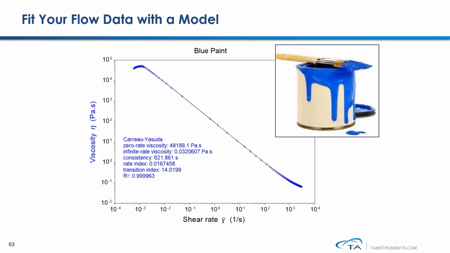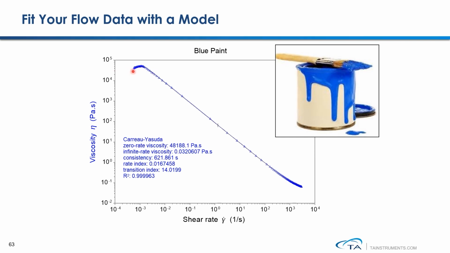Here is an example of fitting the viscosity curve with one of the flow models. The viscosity of this blue paint is measured over a wide range of shear rates. After the test is finished, we're fitting this flow curve with the Carreau-Yasuda model. From this model fitting, it allows me to extrapolate and calculate the zero shear viscosity of this blue paint.